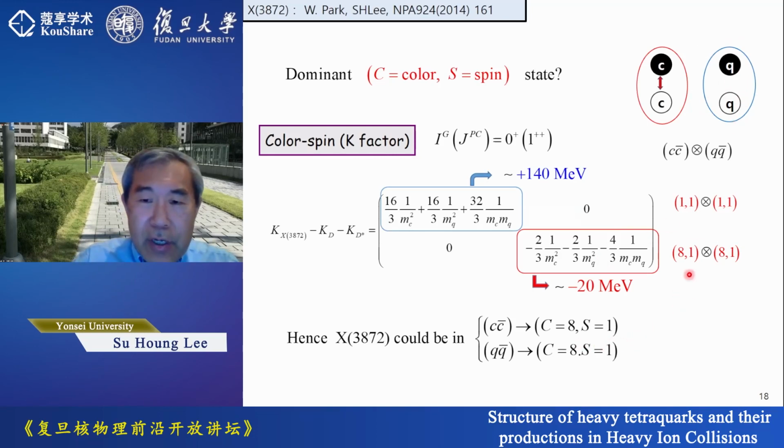But nevertheless, if this is compact, then this should come from this configuration, because this is, as I said, too repulsive. So if you try to put them together, they will favor this configuration. Which means that c c-bar would be in the color octet, spin 1 channel, and q q-bar would be in the color octet, spin 1 channel.